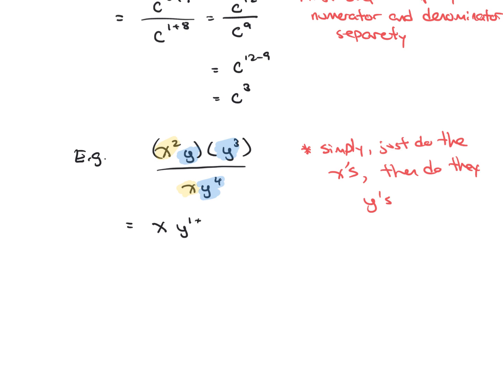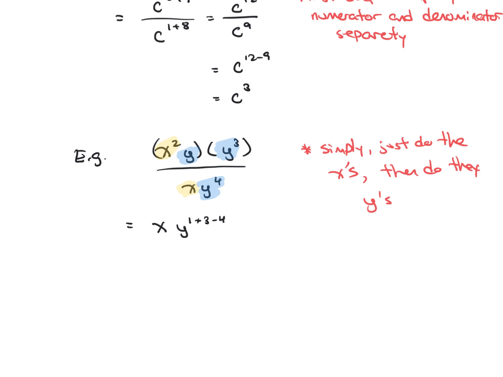So the new exponent is going to be 1 plus 3. But then it's all divided by y to the exponent of 4. So combining it with the next exponent law, I'm going to say minus 4. So that's going to be my exponents for y.